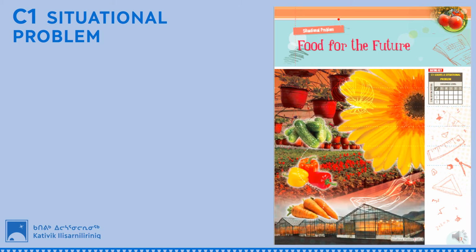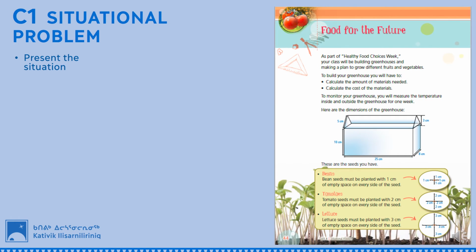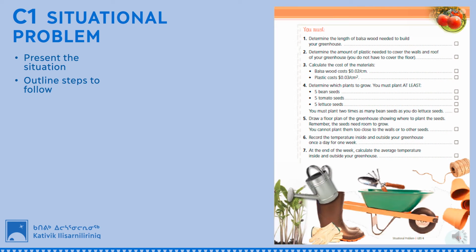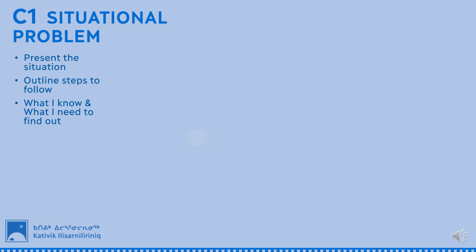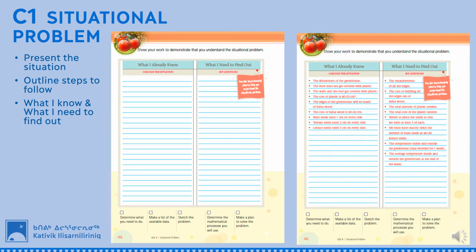The setup for the situational problem is much the same as for an application problem. First, the situation is presented. A list of steps to follow may be given to help students organize this complex task. More space is provided for the What I Know and What I Need to Find Out sections.